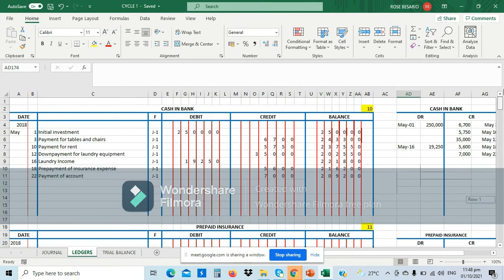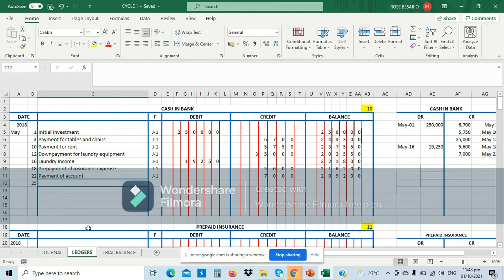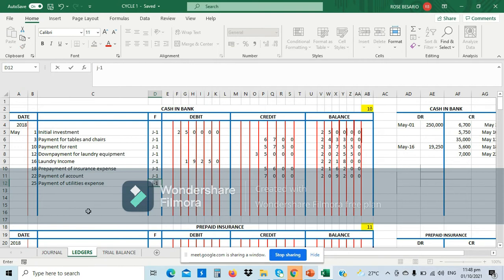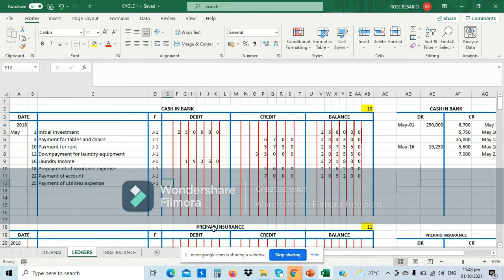Go to your cash ledger. This is 25 and that's payment for utilities. The payment of utilities expense from J1 and that's how much? 20,080. Credit 20,080.